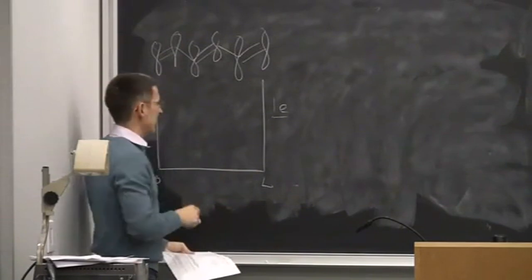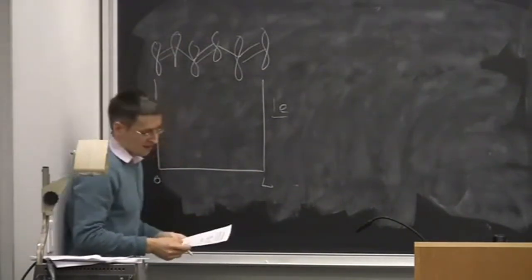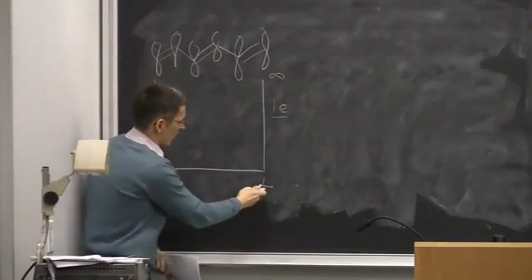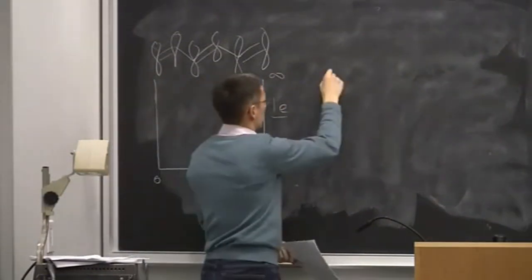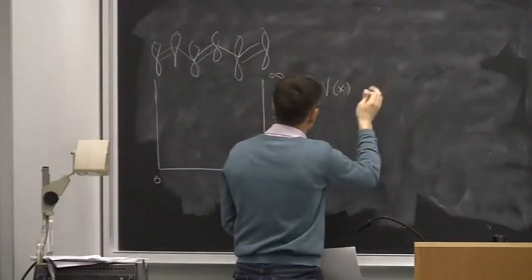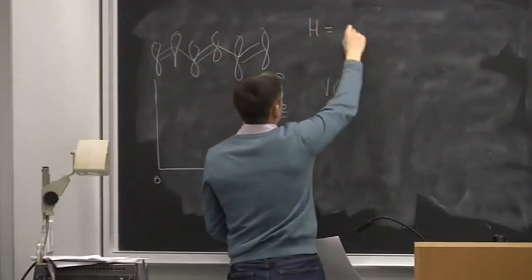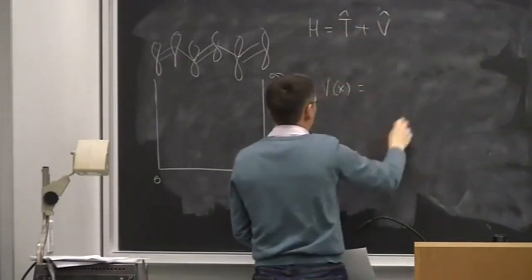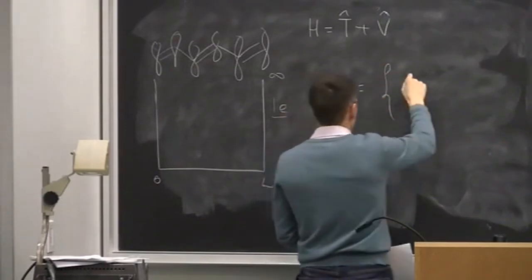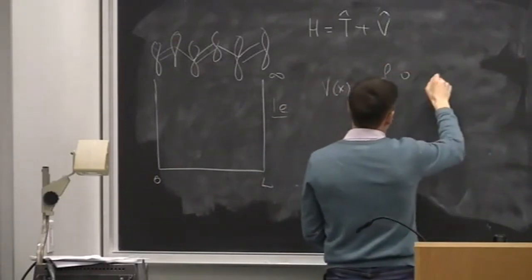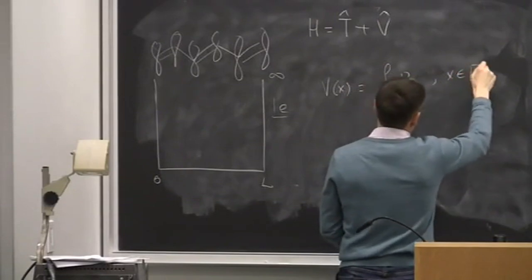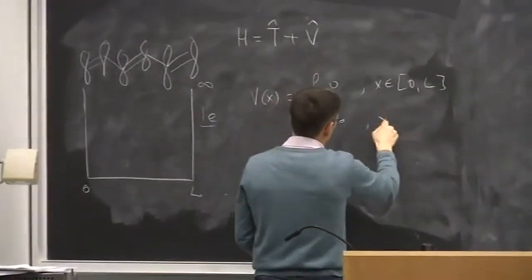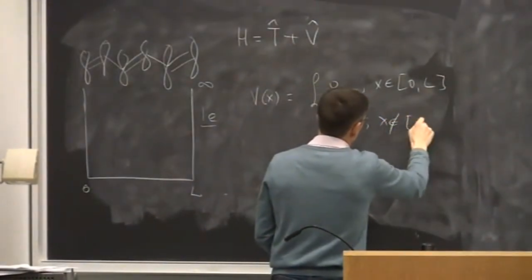To make it mathematically simple, we will make the potential go to infinity. Let me just write this down carefully. The Hamiltonian we will consider has a kinetic part and a potential part, and the potential part is 0 when x is within the range from 0 to L, and infinity otherwise.